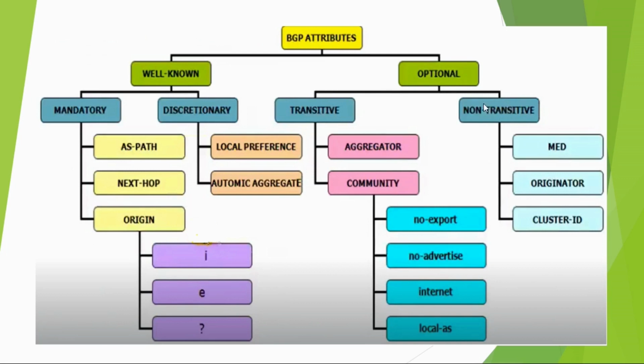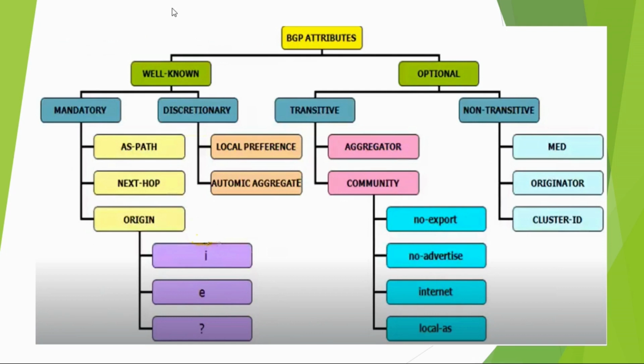Whereas non-transitive, it will not be forwarded if the attribute is not recognized. So these are the four main classifications. We will come to the subdivisions and examples of these categories in another video. Here we are just seeing the different BGP attribute categorization.